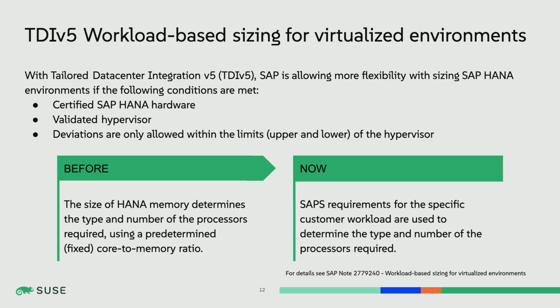With the introduction of Tailored Datacenter Integration, version 5, SAP is allowing a more flexible way of sizing SAP HANA. So under the conditions that you are running on certified HANA hardware and you have a validated hypervisor, you can deviate from this strict appliance-like model to a more workload-optimized sizing.